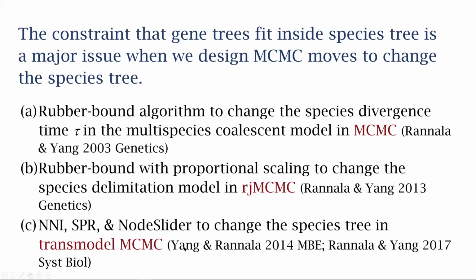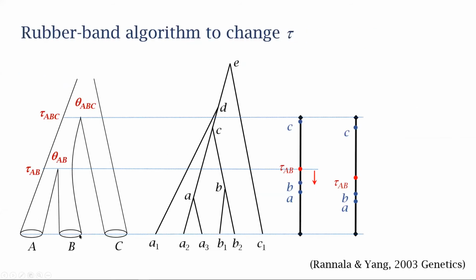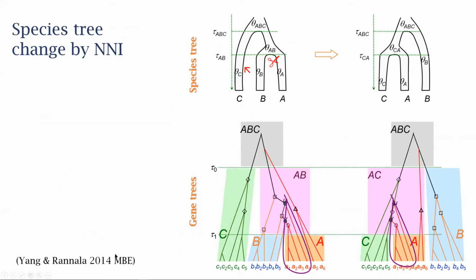So we need to do this kind of trans-model MCMC. It's quite hard. I'm just going to show you one diagram of what we did using the nearest neighbor interchange, NNI. This was done in 1914. So suppose the current tree is like this. We cut this branch, reattach here, and you get a different tree topology. This is called NNI, applied on rooted trees.